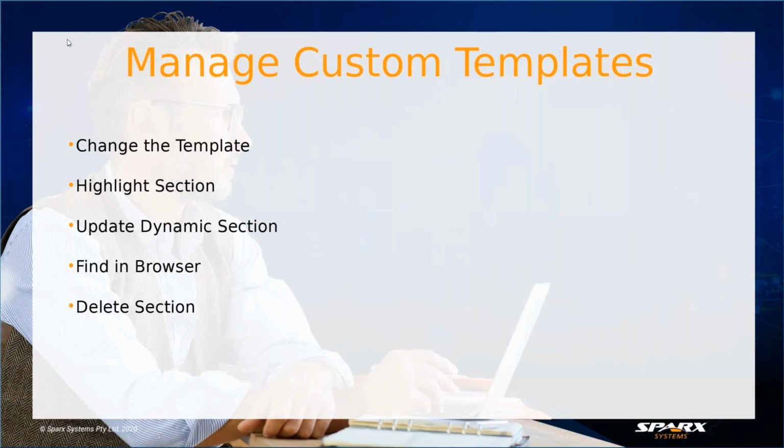So the first thing that we're going to look at is being able to change template. We can do that by simply selecting the item and making the appropriate change.